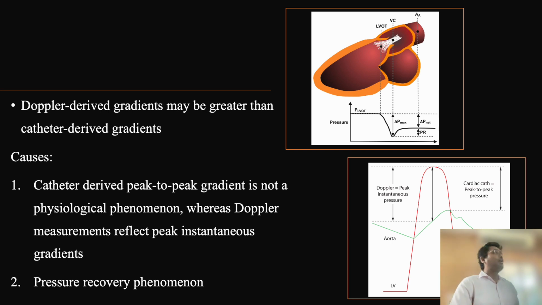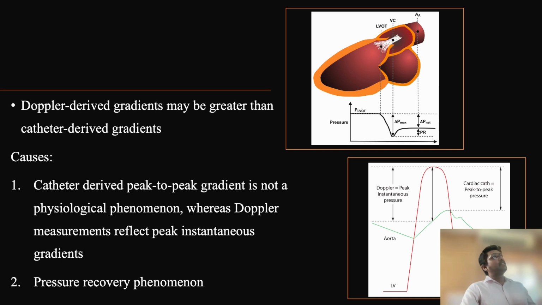The second phenomenon that occurs is pressure recovery, because the total energy is the same, the kinetic energy and the potential energy. Whenever the blood goes through a narrow orifice, the kinetic energy increases, so the potential energy decreases. The potential energy is what we actually measure, because that is the pressure the blood exerts on the wall of the valve or the aorta.